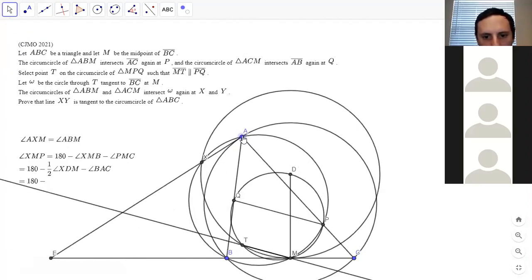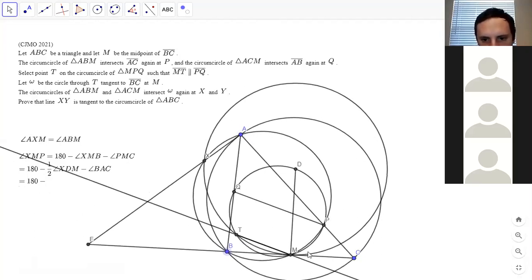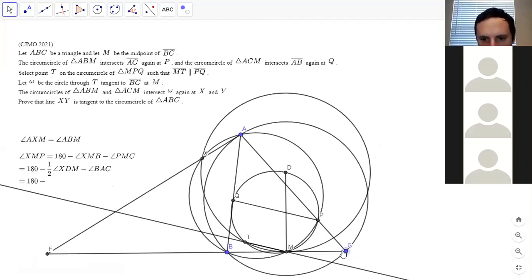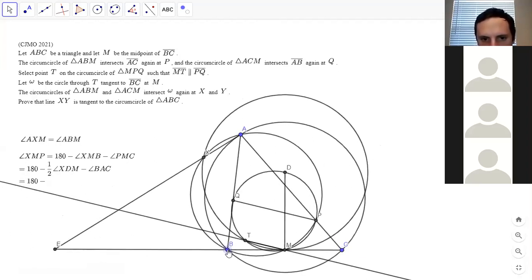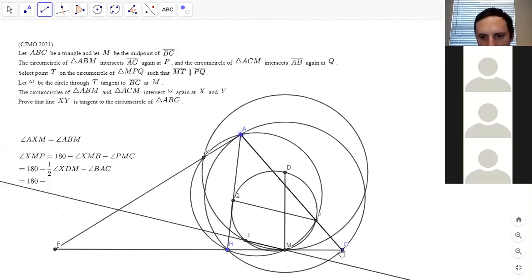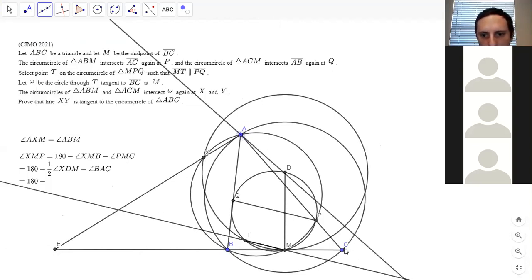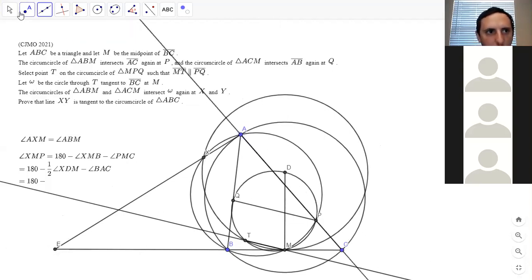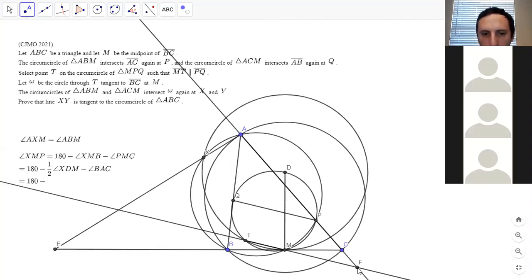Let me move the diagram a little bit just so we can see the intersection point. I think that should be good. Whoops, sorry. So that point, right?